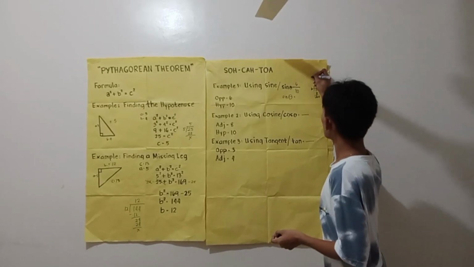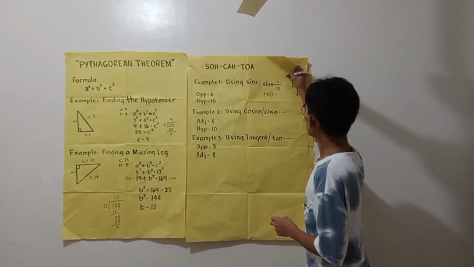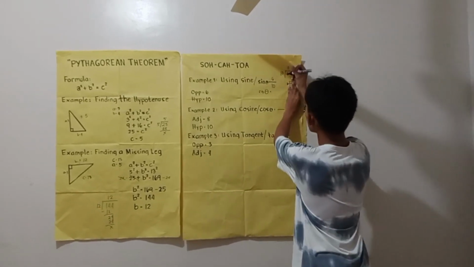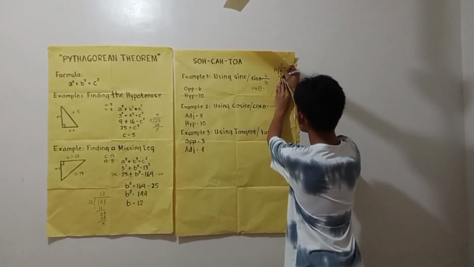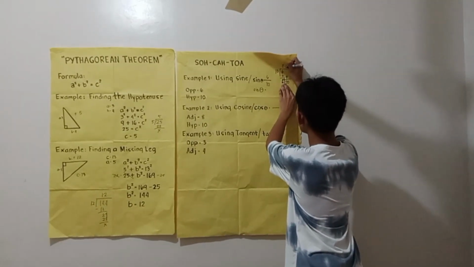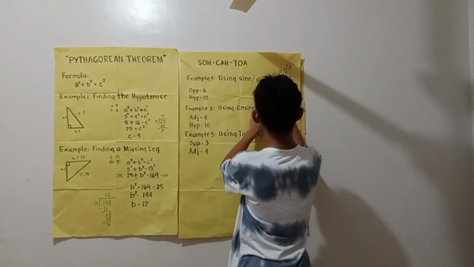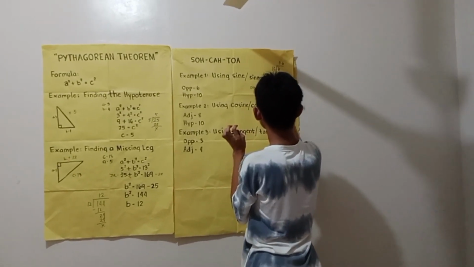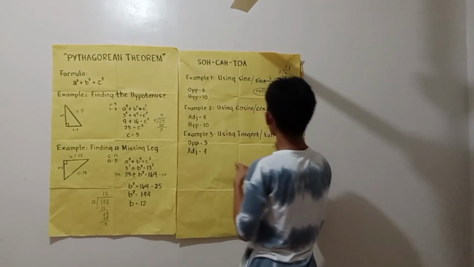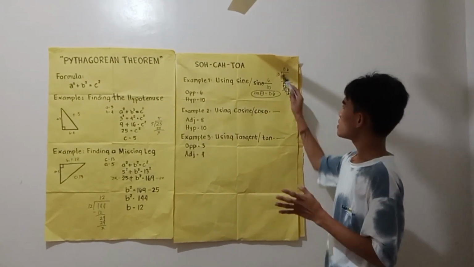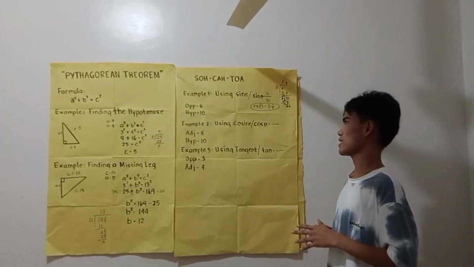So let's divide 6 over 10, which is equal to 0.6. So the final answer is 0.6. The answer for number 1 is 6 over 10 is equal to 0.6.